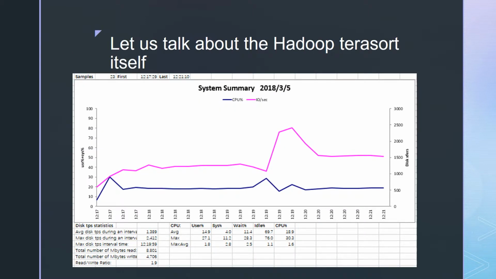Then let me talk about the Hadoop TeraSort itself. What we use for this experiment is Hadoop because it is a real-world benchmark and is very CPU intensive and I/O intensive.